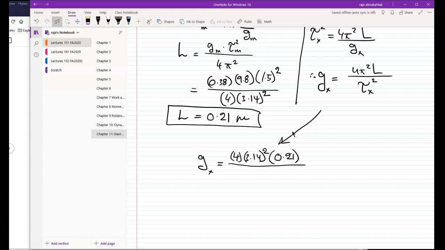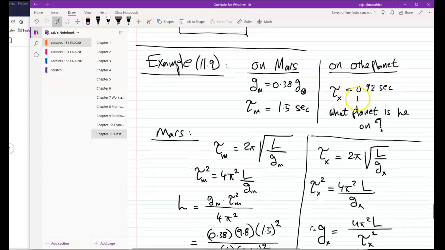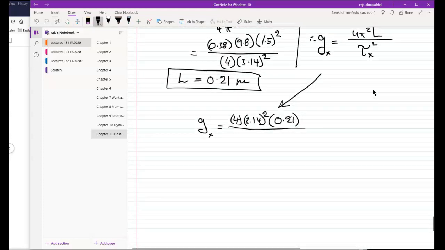tau squared. He tells us what tau is. It's 0.92. So divided by 0.92 squared, and then I just calculate that, right?